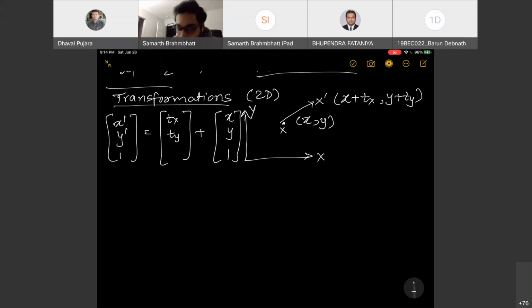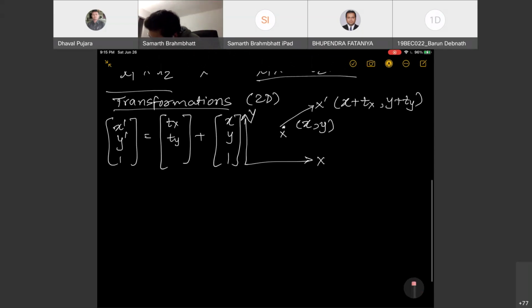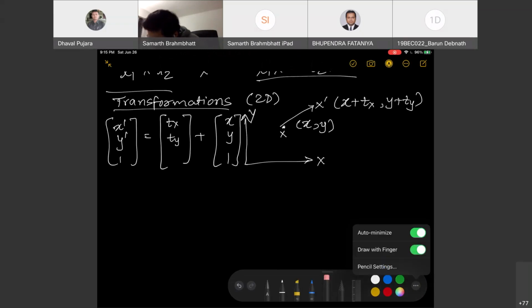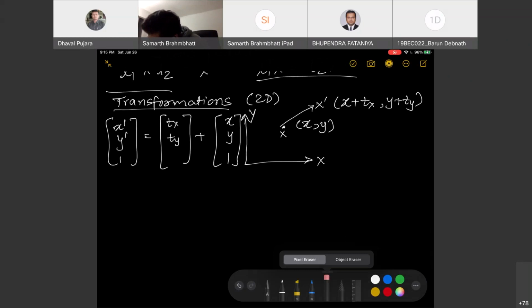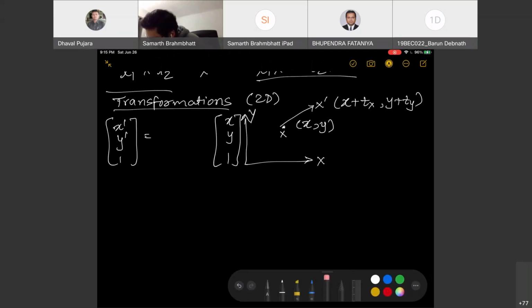So actually, since all of these are homogeneous coordinates, let us do one thing. This simple addition will not work.